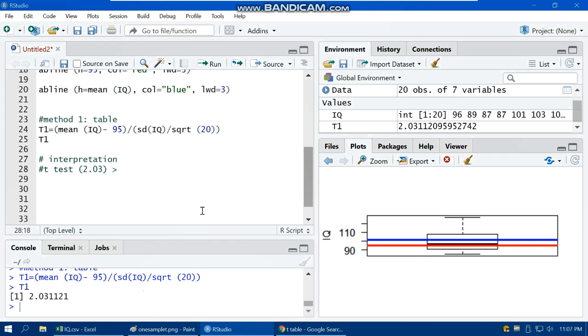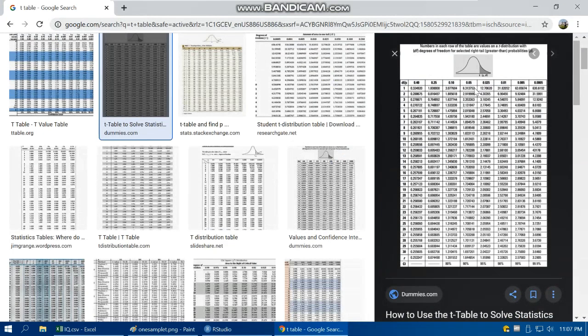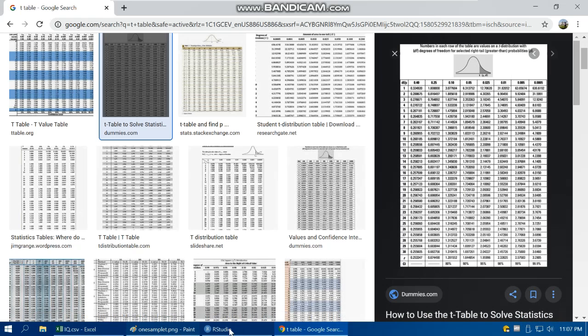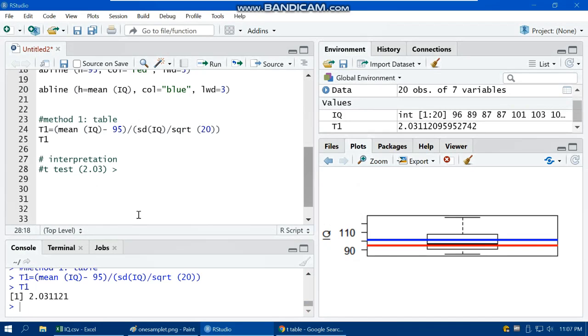So we wanted to do this test at the 95% confidence level. So I looked at the t-table at 95% confidence level, degree of freedom of 19, it was 1.73, right? So this one is greater than the critical value, 1.73.